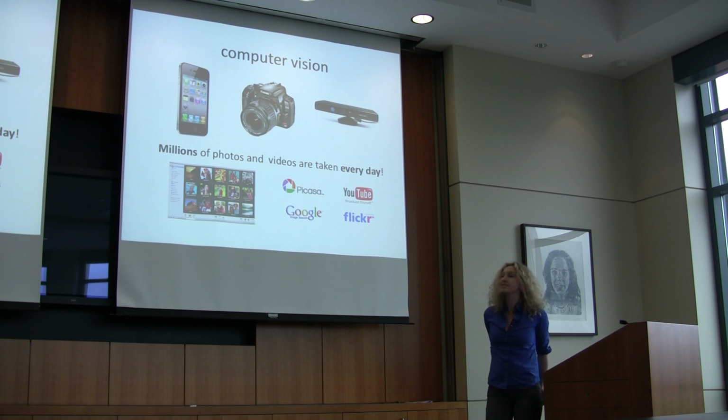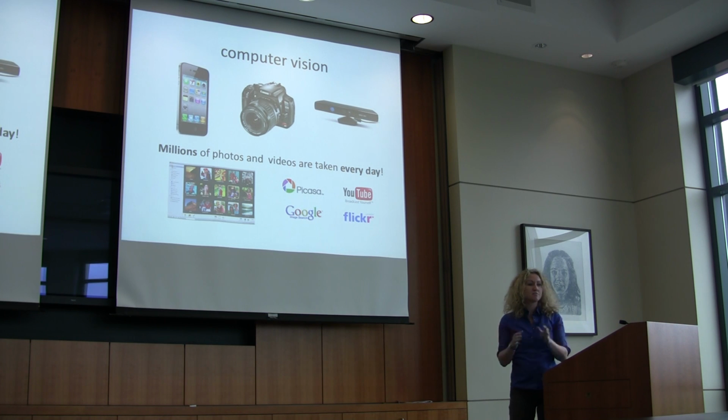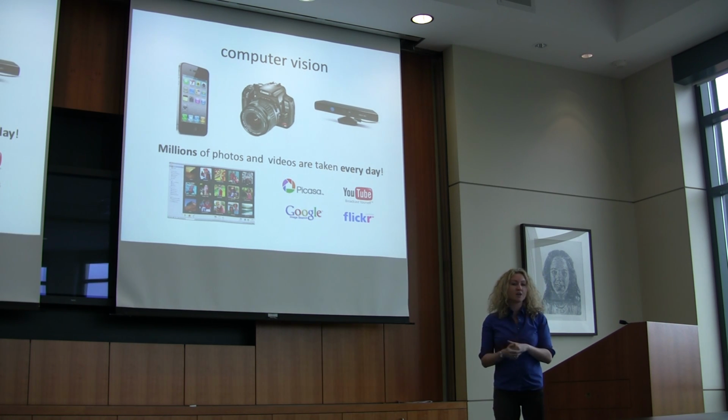So what is computer vision? Just to make sure we're on the same page. Basically we have all these devices now, mobile phones with cameras, all sorts of cameras, even devices that can capture depth, like Kinect. And all of us capture millions of photos and videos every day.